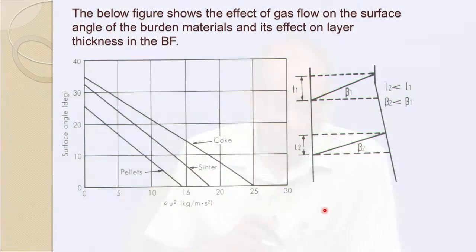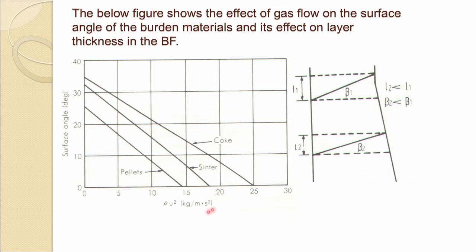This next figure shows the effect of gas flow on the surface angle of the material. As you can see, when the gas flow increases, essentially in the rho u square term, the surface angle decreases for coke, sinter and pellets.